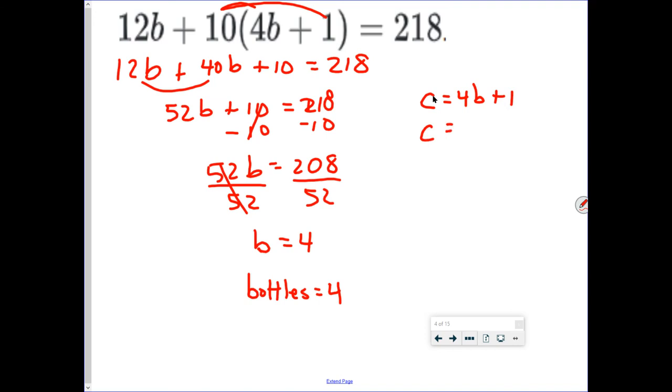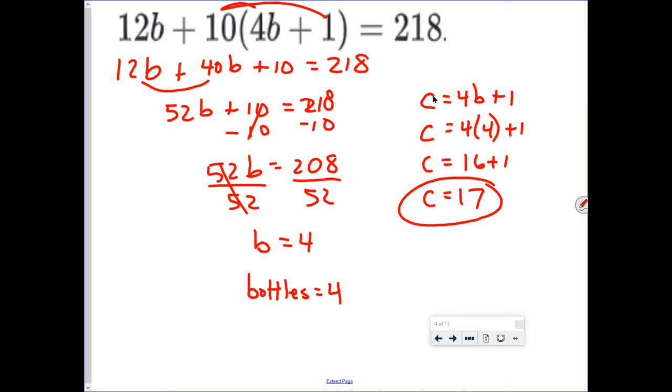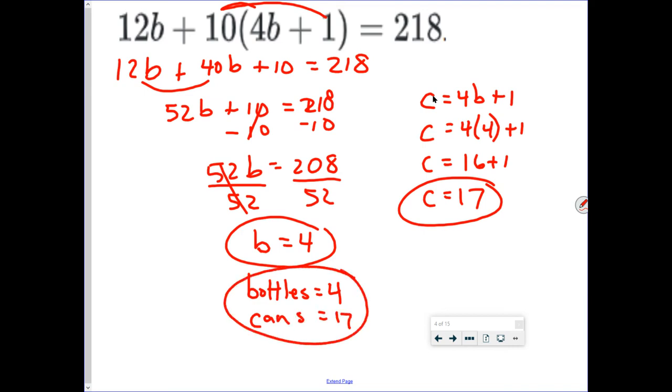So 4 times the bottles, 4, plus 1, C equals 16 plus 1, so C equals 17. My final answer is: there are 4 bottles and 17 cans. This right here is my official answer for this problem.